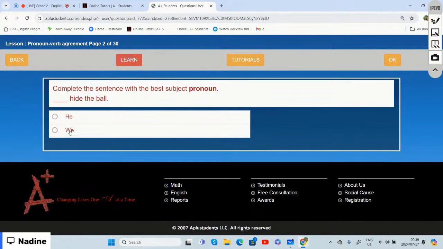Do we say he hide, or do we say we hide the ball? If one person does something, our verb ends with an S. If more than one person does something, our verb does not end with an S. Which one is correct?